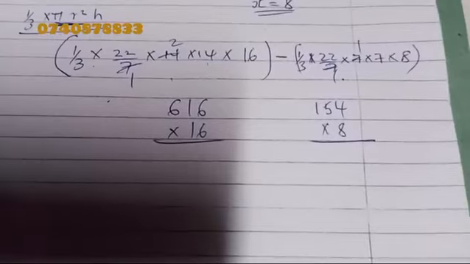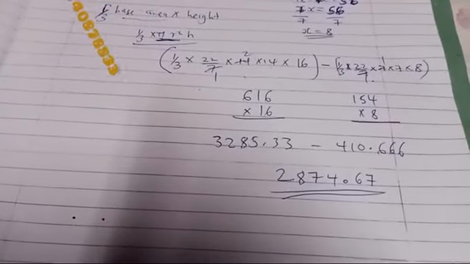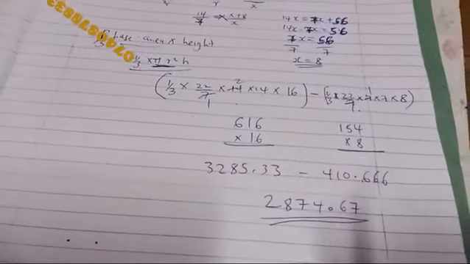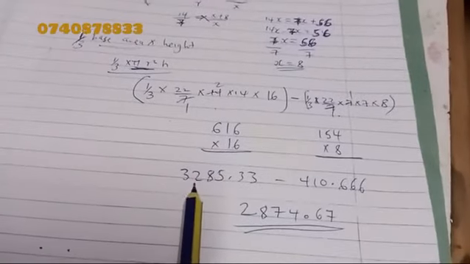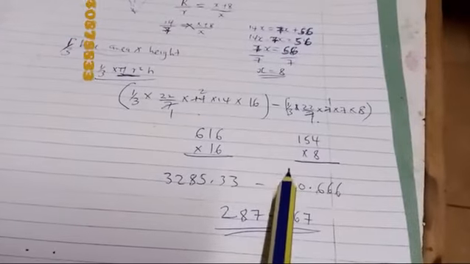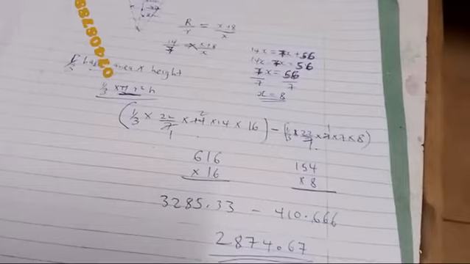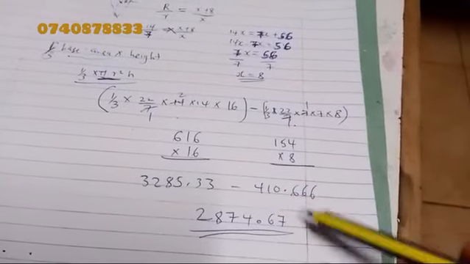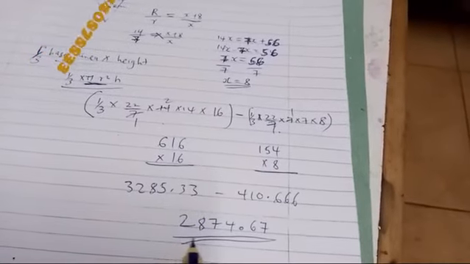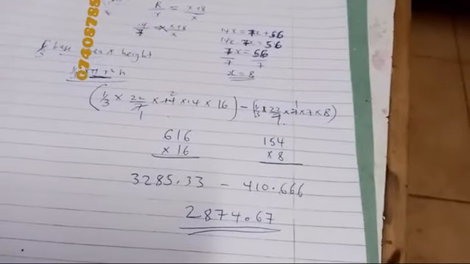So let me calculate. After multiplying 616 times 16 and then dividing by 3, I'm getting 3285.33, and 154 times 8 divided by 3, I'm getting 410.666. Then the difference, I'm getting this, and this one will be my final answer.